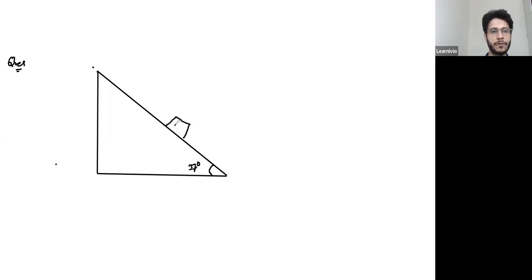This is a body of 20 kg. This displacement is given as 20 meter.